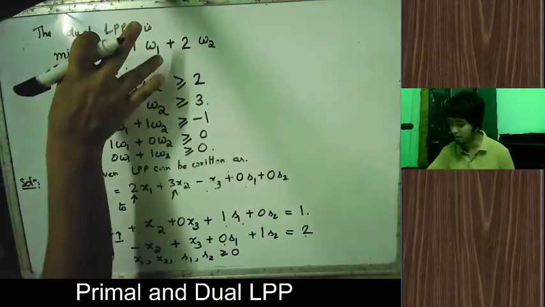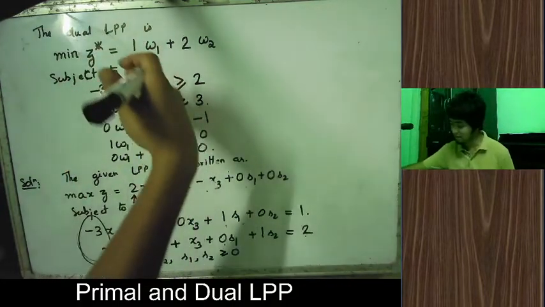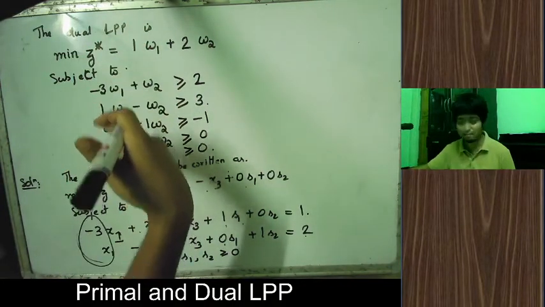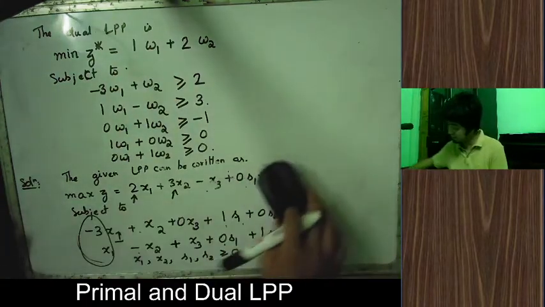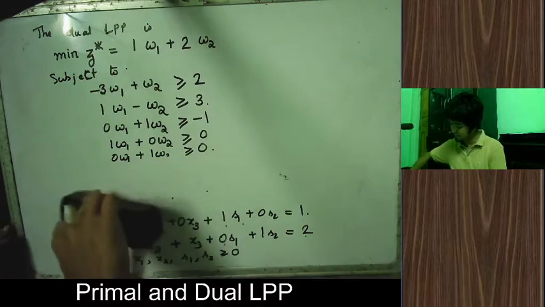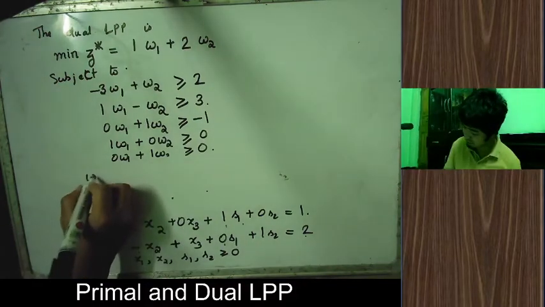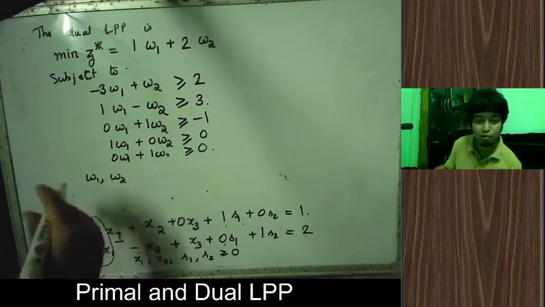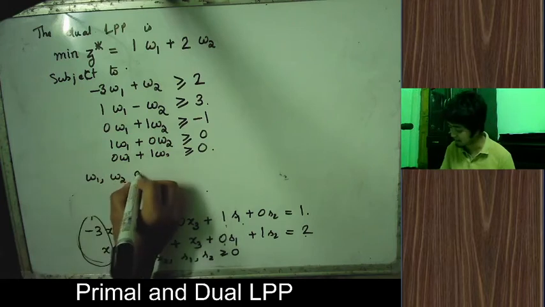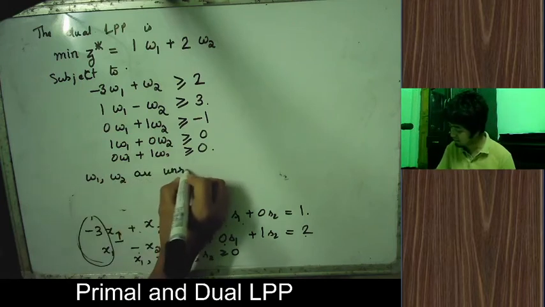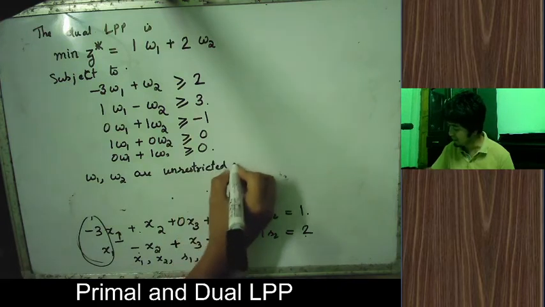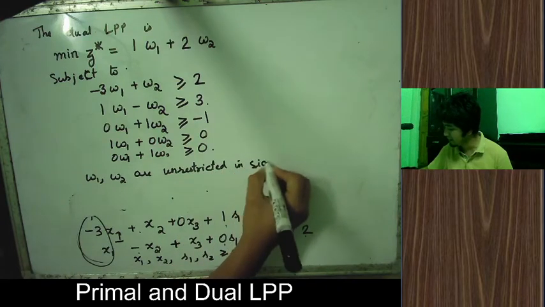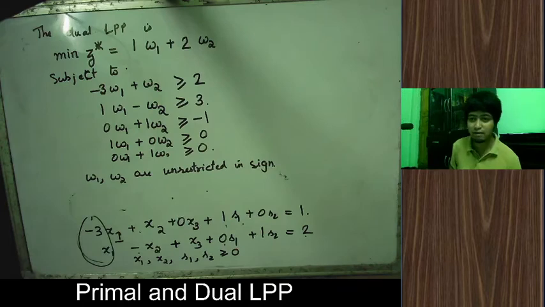Okay, we have got the objective function, and also we have got the constraints. Now all that we need to do is remember that w1 and w2 are always unrestricted in sign. Okay, they can either be positive or negative.